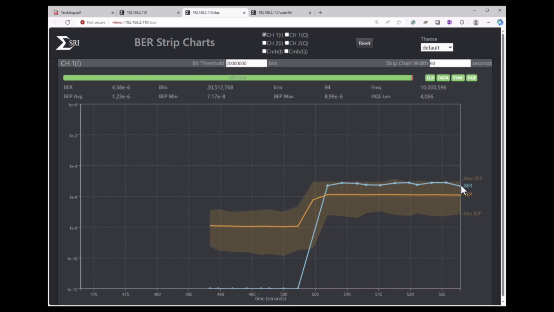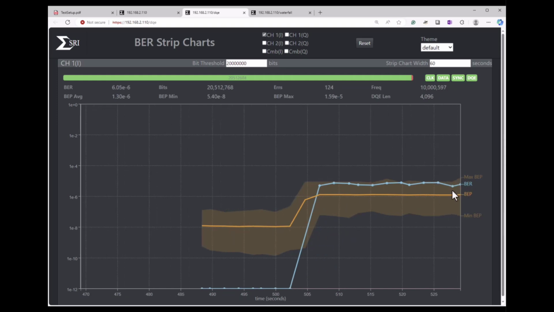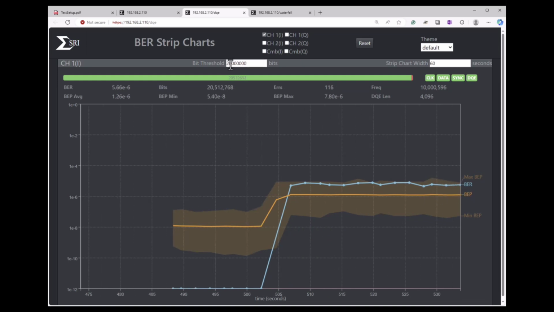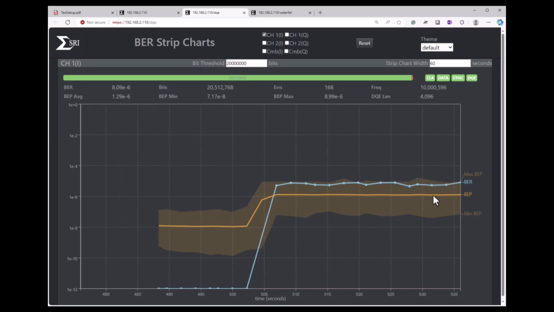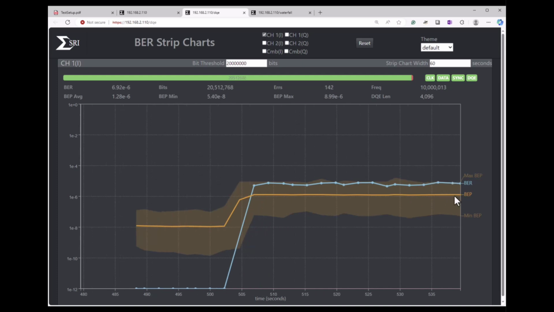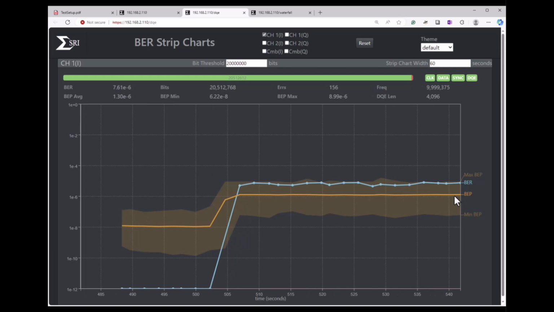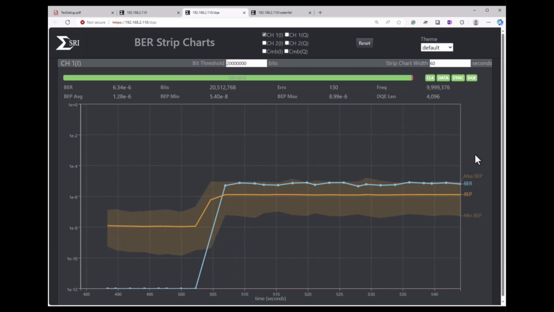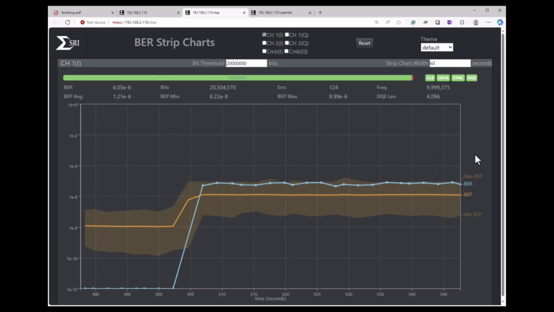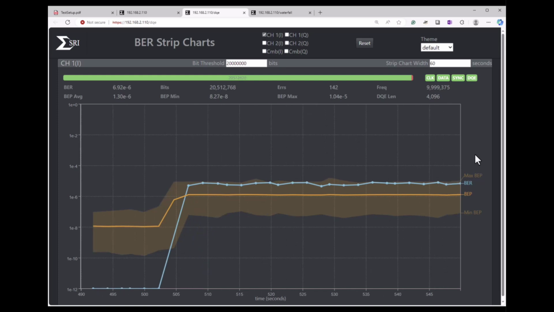Now at this point, it's more of a static test. This is a 20 million bit threshold. If you up your bit threshold a little bit and play with this, you'll actually be able to see these converge over time for a good representation of this in relation to confidence intervals, which is really the mathematically proper way to look at these.